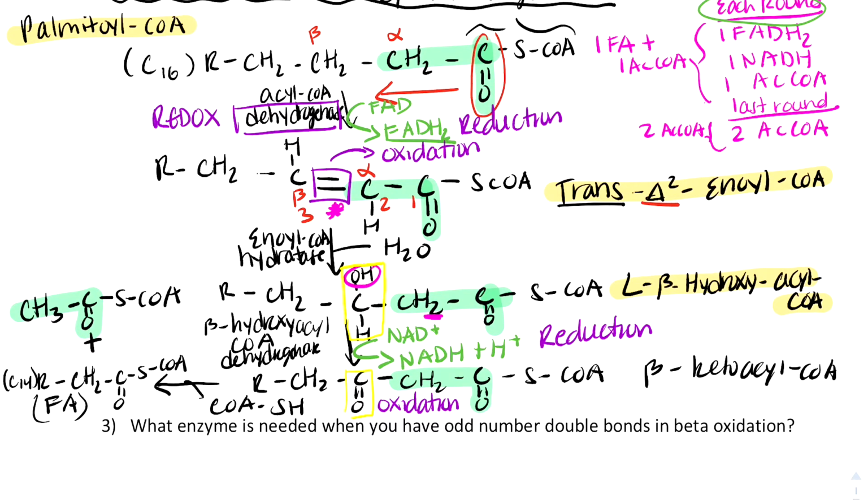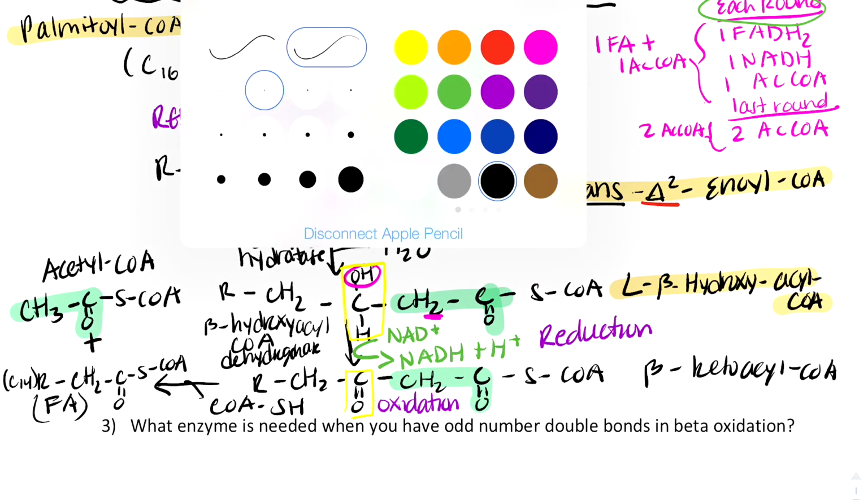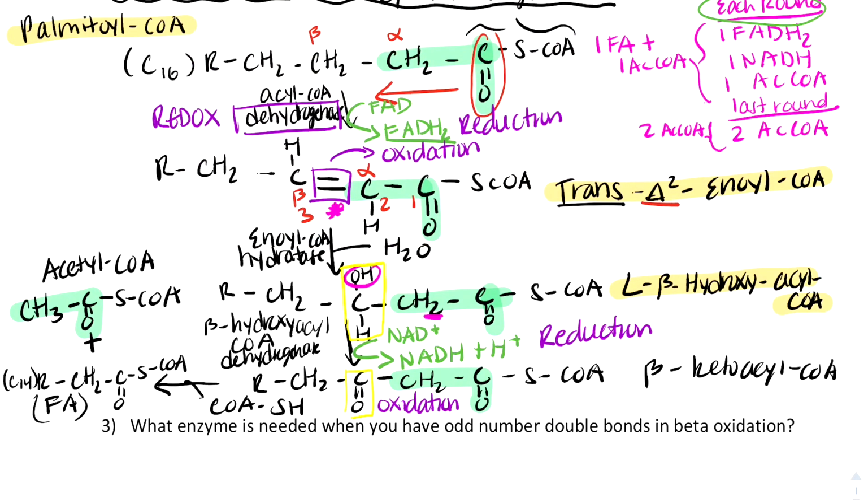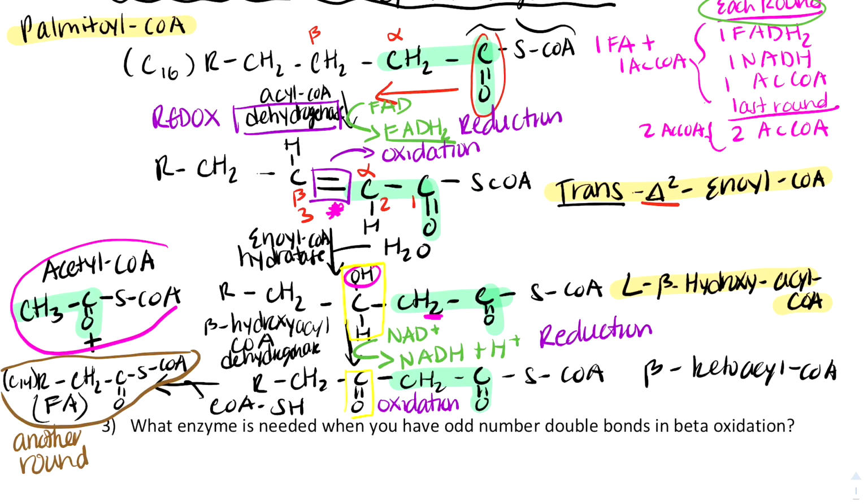This bond right here is the same one that I've been highlighting so you can follow along and see where it is. So this is the acetyl-CoA. Now, this doesn't stop here. This fatty acid can actually go through another round. Now we have our major product and our minor product, which can go through this process again.